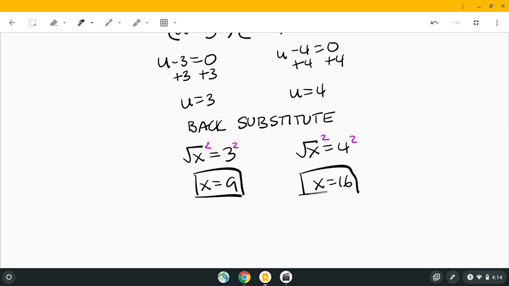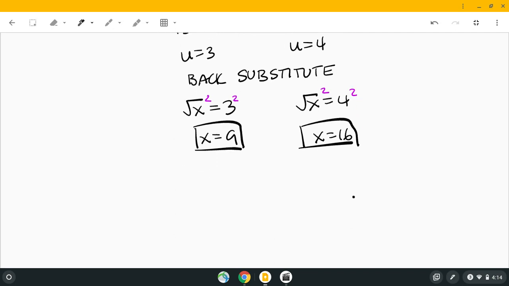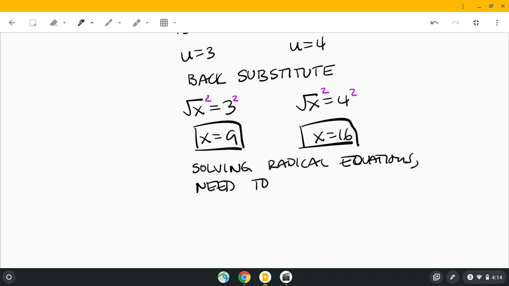Now when you're dealing with solving for x under a square root, remember when we were solving radical equations, you need to check solutions, because maybe the ones that you got don't work out.